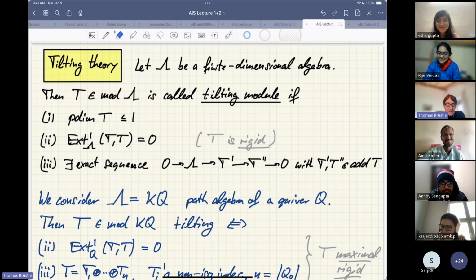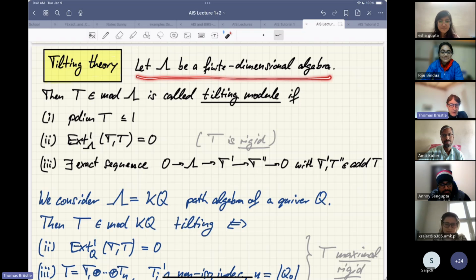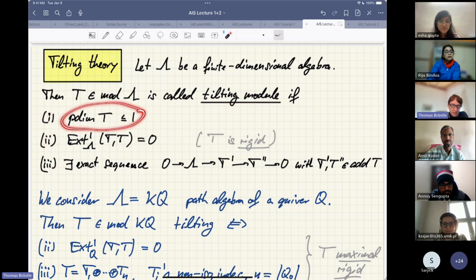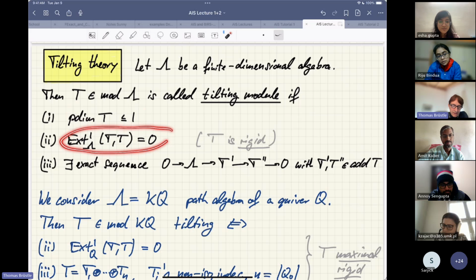So let's go back to the 1980s, tilting theory. I go over this very quickly. So I have a finite dimensional algebra. A module over this algebra is called a tilting module if it satisfies three conditions. First condition, it should have projective dimension at most one. Second requirement, it should be rigid. This means Ext^1(T,T) equals 0.